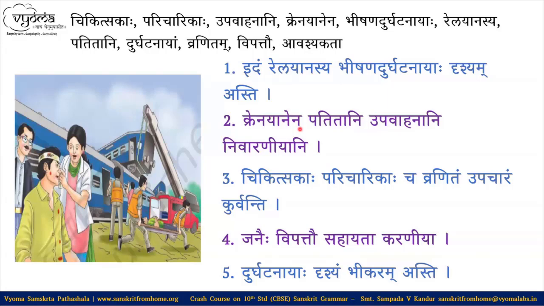Okay. So what do you see in the picture, Surabhi? The train is crashed and a crane is helping with the train crash. Train is crashed. Then what are other people doing? Who is doing what thing?